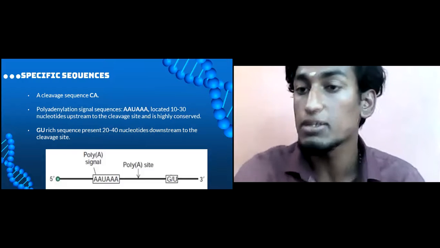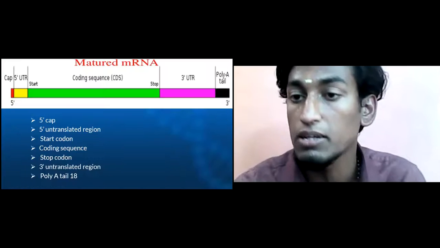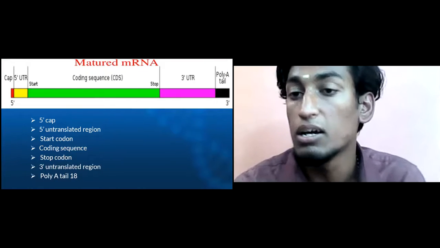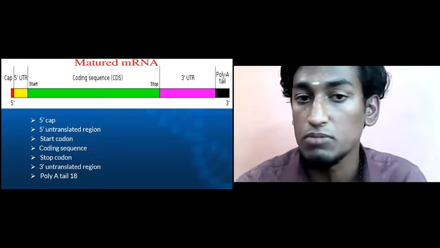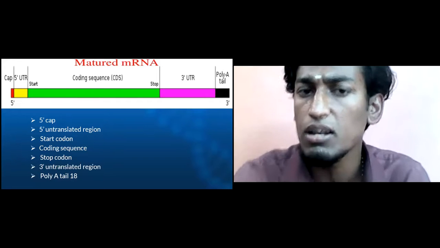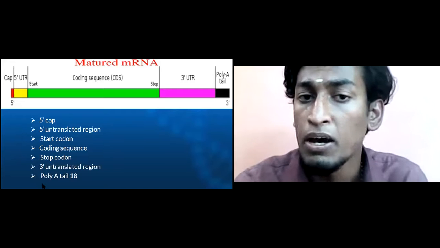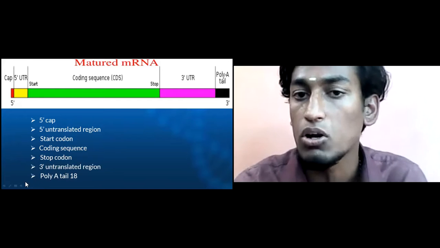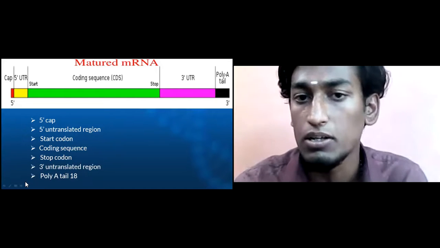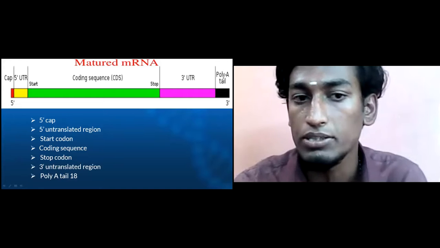After these three processes, the splicing, polyadenylation, and capping, the post-transcriptional modification occurs. A mature mRNA is synthesized, where you see here, without any unwanted sequences or unwanted introns and non-coding regions.